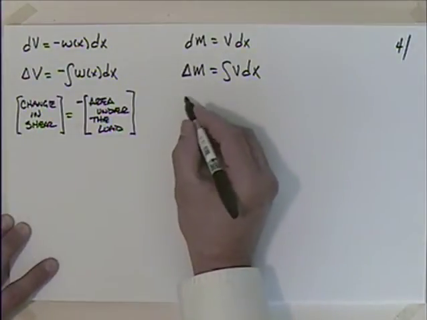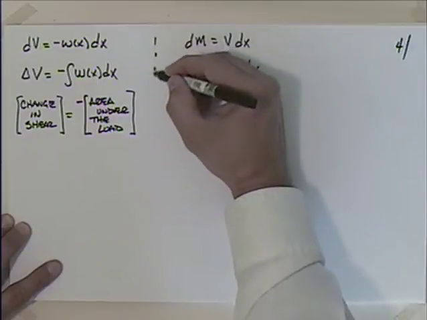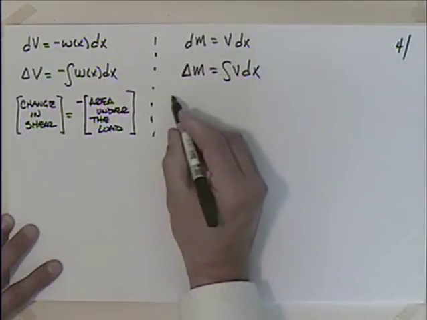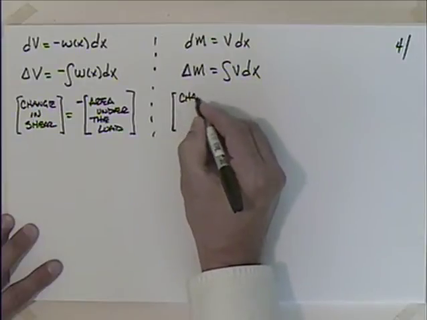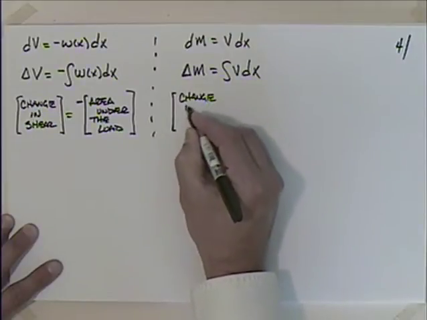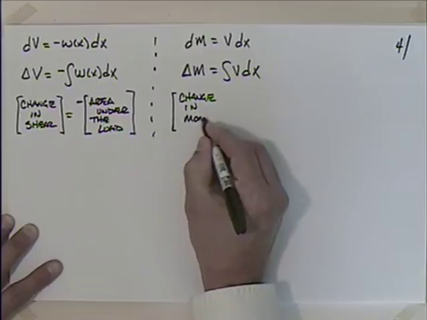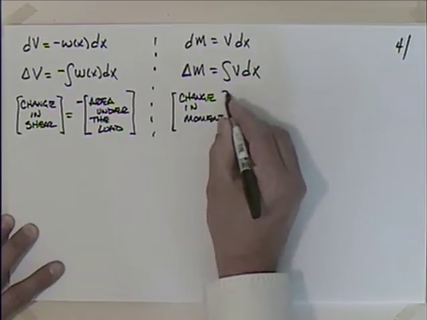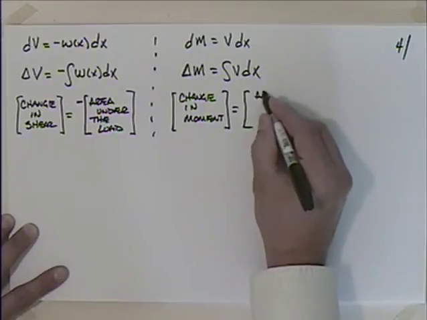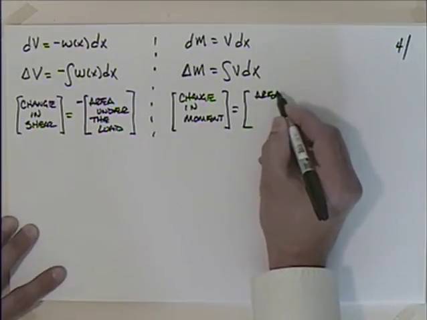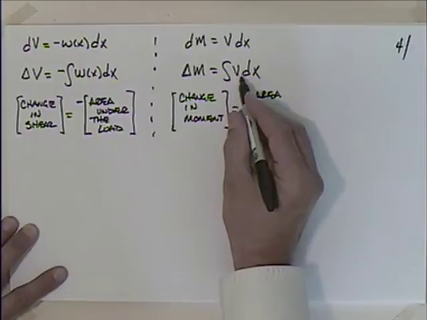Whereas this one, the change in the moment, these are separate, we're just doing them at the same time. The change in moment is equal to what? The area under the shear, isn't it?